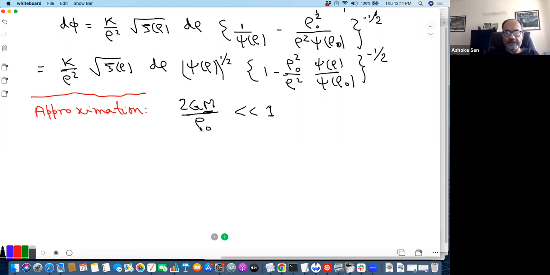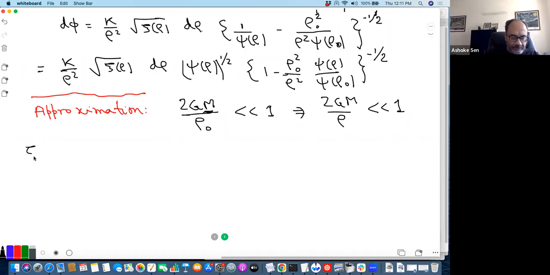And since rho 0 is the closest approach, this will also imply that 2 GM over rho is much less than 1.